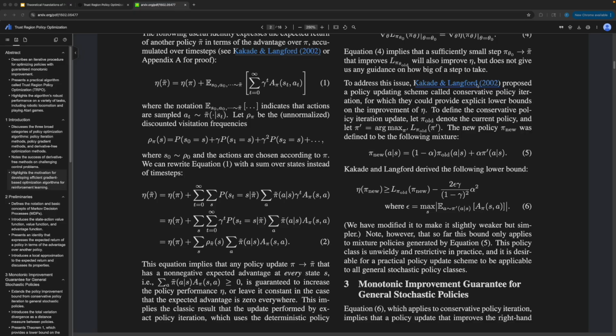So Kakade and Langford in 2002 showed that a policy iteration done in a specific fashion can lead to improvement in performance.